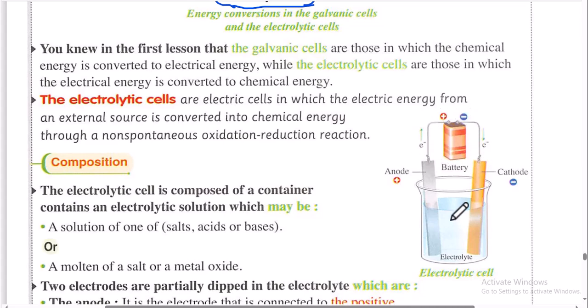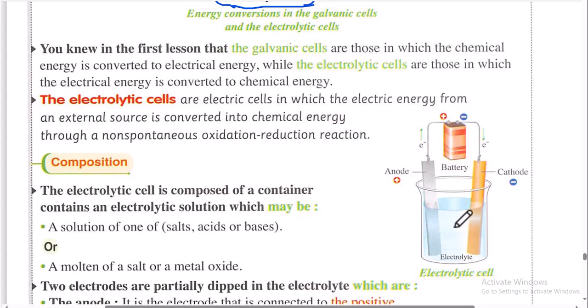And you have to memorize this. Anions in all types of cells go to the anode, and cations go to the cathode. The anions, which are the negative ions rich in electrons, go to the positive pole to neutralize their charges by losing electrons, and cations, the positive ions, go to the cathode.